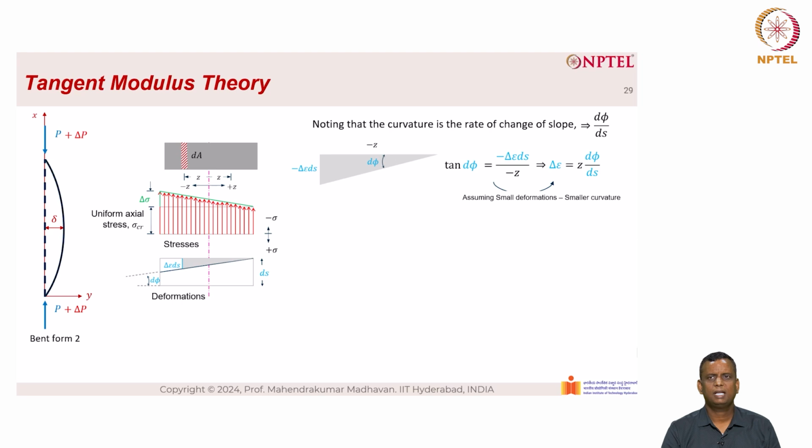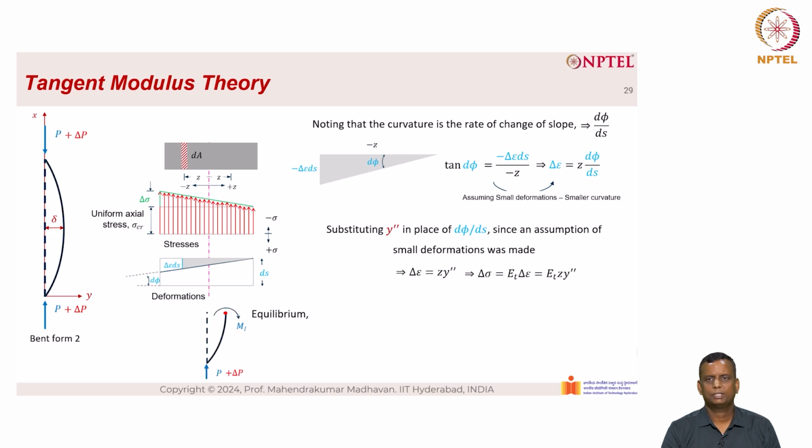The assumption is tan dphi equal to dphi when small deformations take place. Substituting y double dash in place of dphi by ds, we have delta epsilon equal to z into y double dash, which indicates that delta sigma equal to E sub t into delta epsilon, which is equal to E sub t into z into y double dash.